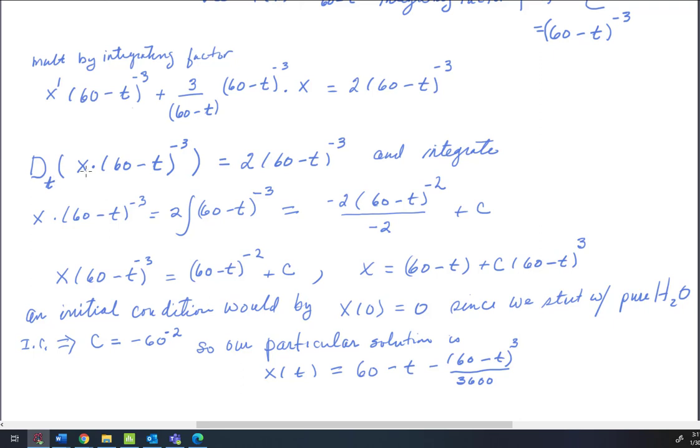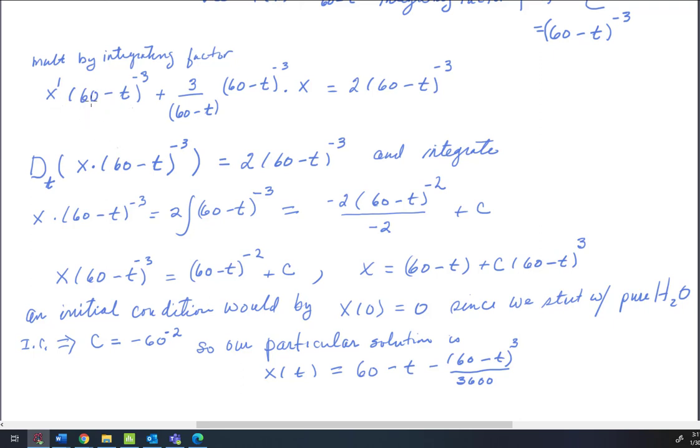So let's just see if this works. I think the product whose derivative is the left-hand side here is x times 60 minus t to the negative 3. And I want you to see where I got that. That's not hard to figure out.